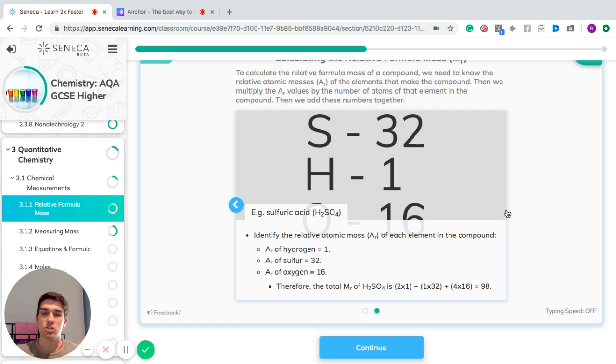So if we've got H2SO4, we need 2 hydrogens, so that's 2 times 1, and we've got 1 sulfur, so that's 32, and we've got 4 oxygens, so that's 4 times 16. So you add together 1 times 2, 32, and 4 times 16. It will give you a total relative formula mass for sulfuric acid of 98.